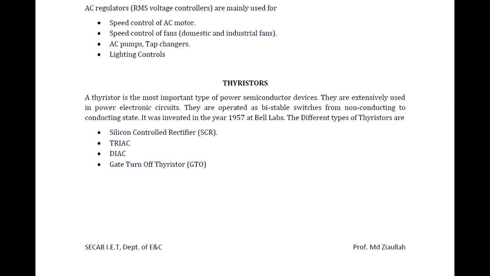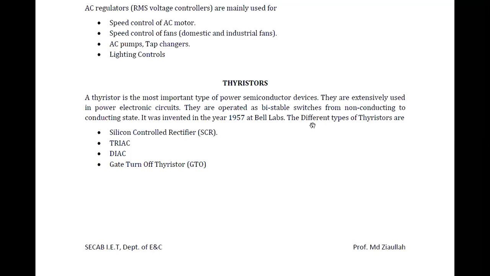Also, the characteristics we study in power semiconductor devices are far better than those of normal semiconductor devices. They are extensively used in power electronic circuits and operated as bistable switches, from non-conducting to conducting state. It was invented in the year 1957 at the Bell Laboratories.